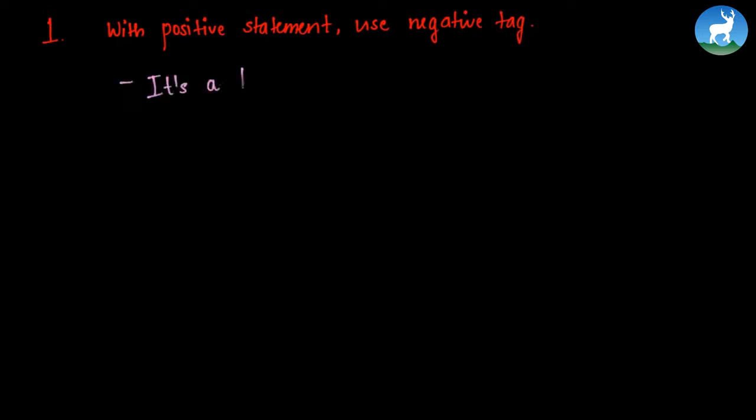So rule number 1 is when the main part of the sentence is positive, the tag used must be negative. For example, it's a big garden, isn't it?